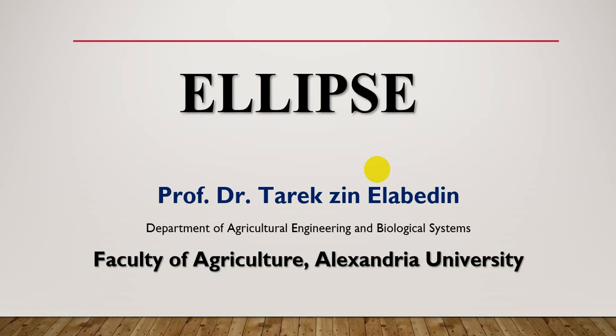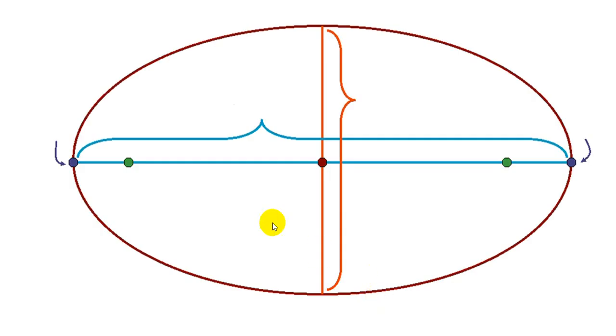And we are going to talk about the ellipse. The ellipse, one of the conic sections, is something like an oval shape, and this oval shape has one smaller axis and one bigger, larger axis, and both of them intersect at a point.